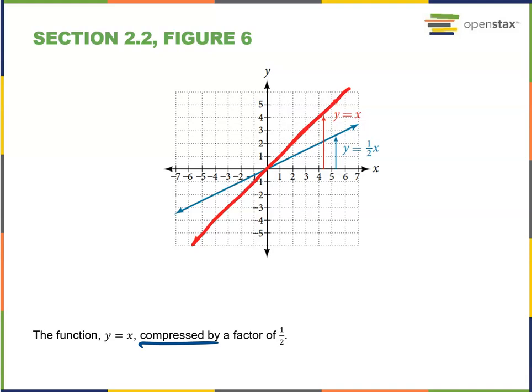So let's say this point is at 2, 2. What is the y? 2. And for the compressed one, you see this y value here, that is 2, 1. Let's try another one here. This point here is 4, 4. And here, this is 4, 2.